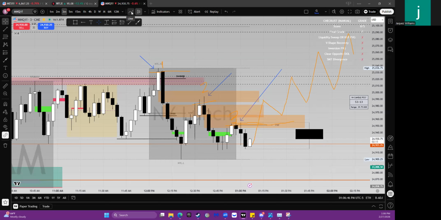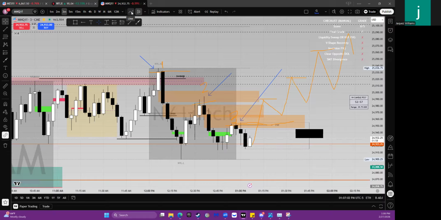So once you see the trend is pierced or changed, that's how you will be able to know. If we're in the uptrend, these highs get higher.